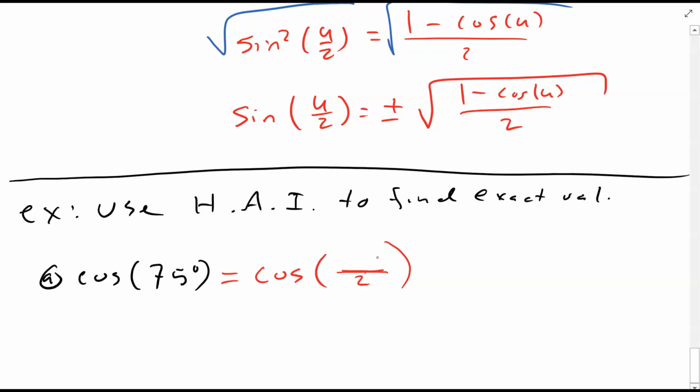What should that something be? 150, right? 75 is 150 divided by 2. Everybody's okay with that? Now I'm going to apply the half angle formula.